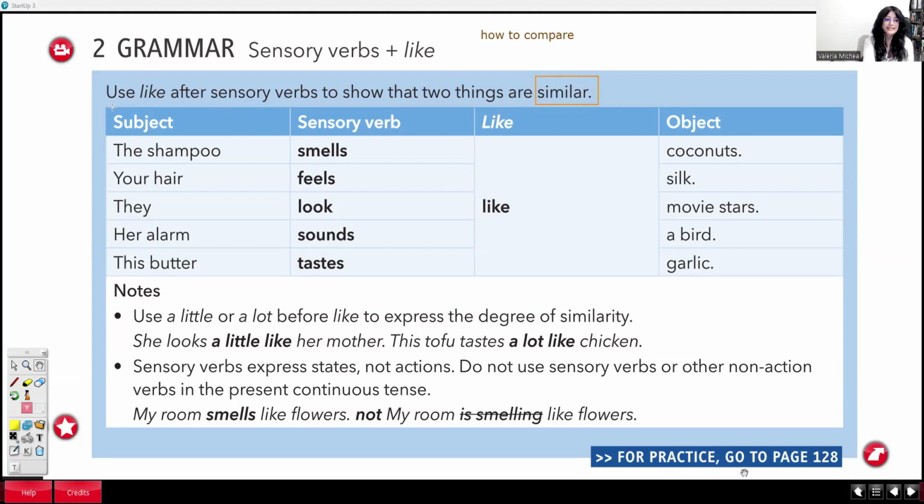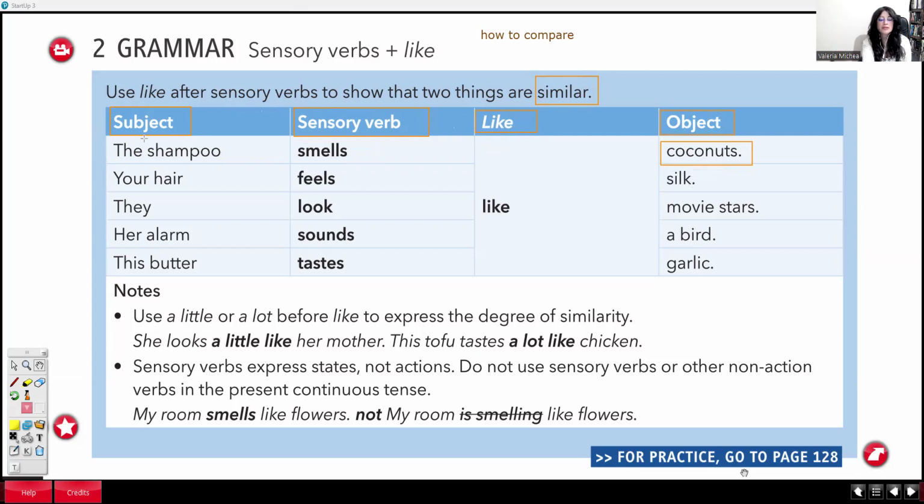Then what do you need? You need a subject, of course, something that you are comparing. Then you're going to use a sensory verb. Then you're going to use the verb like and an object. That means another thing that you are going to compare. So for example, we can say the shampoo smells like coconuts, right?